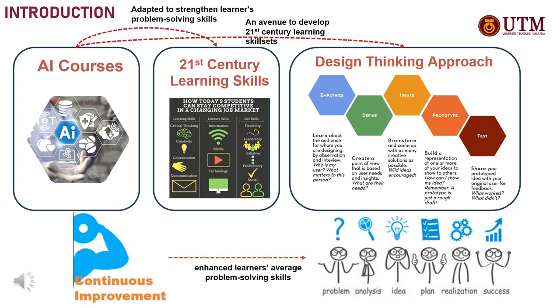Every year, a continuous quality improvement has been introduced in order to strengthen students' problem-solving skill. Thus, with the idea and concept of 21st century learning skills and design thinking approach, we propose to implement both in realigning the course learning outcome of the AI course, or artificial intelligence course.